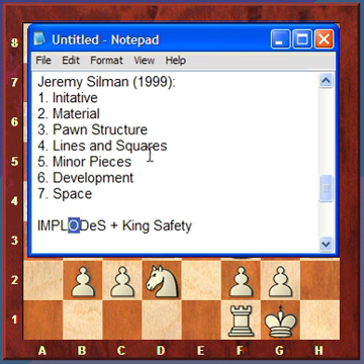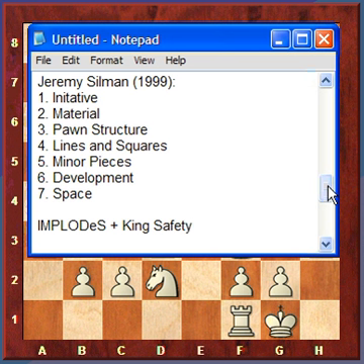He called the minor pieces officers. DE for development, and S for space. He noted that one thing missing from Silman's analysis was king safety. So he said you can analyze a chess position by IMPLODES, or these 7, plus king safety.